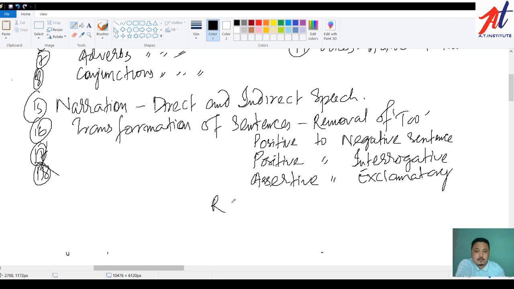We have removal of unless, use of unless.